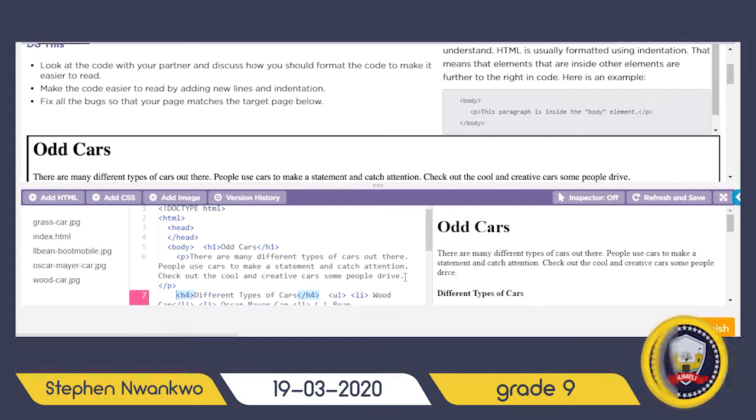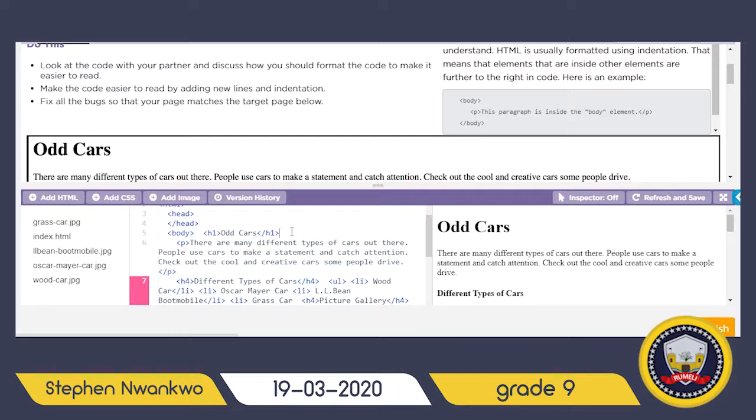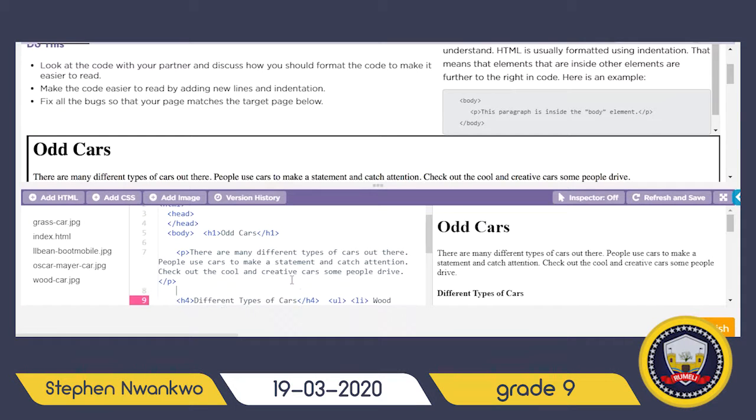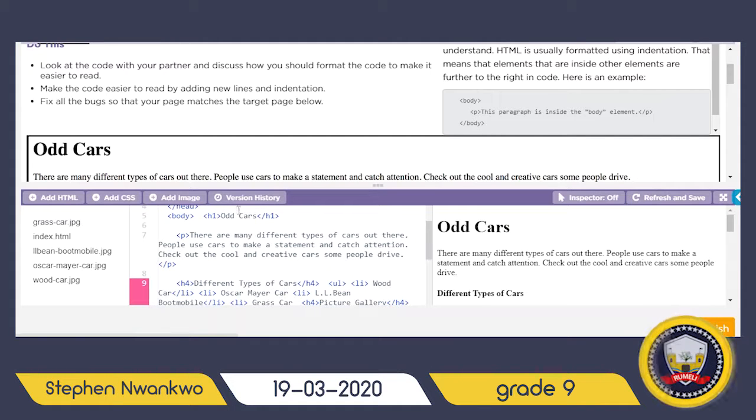Okay, you insert your enter so that we will have a white space. Now we have white space here. Okay, so if it is not enough for you, you can still click enter again. Okay, so that it will be clear, like this. Okay, so we have the heading, we have the paragraph.